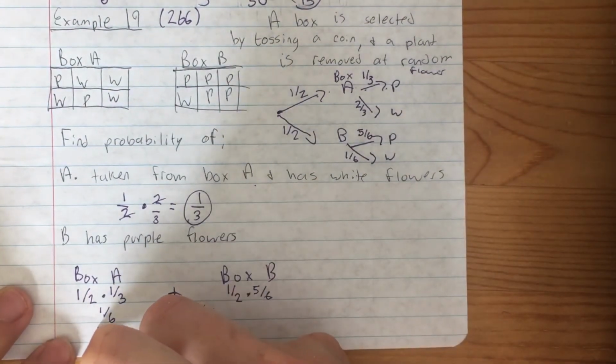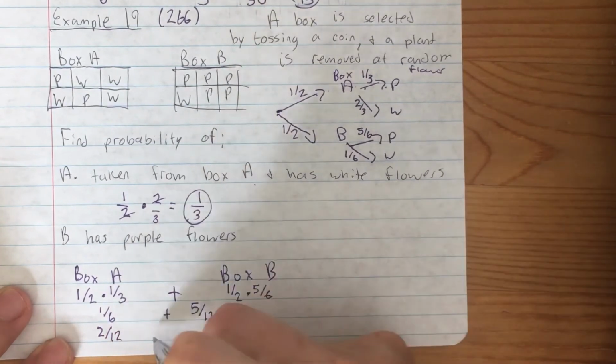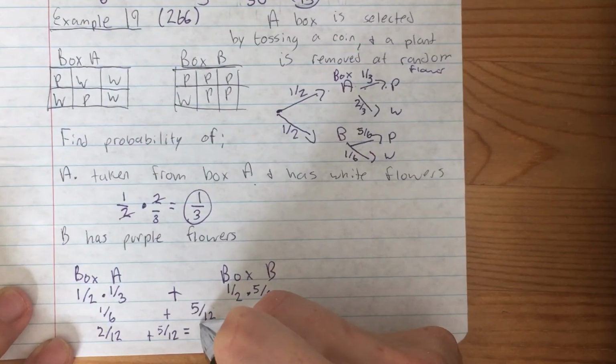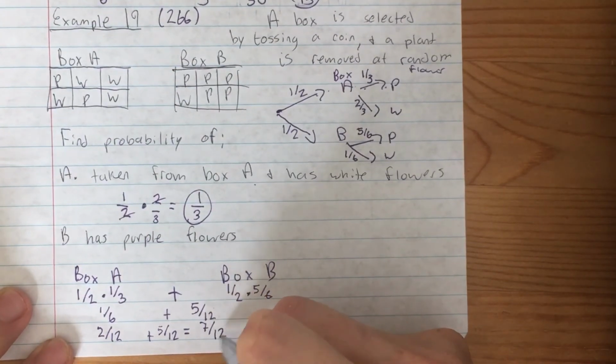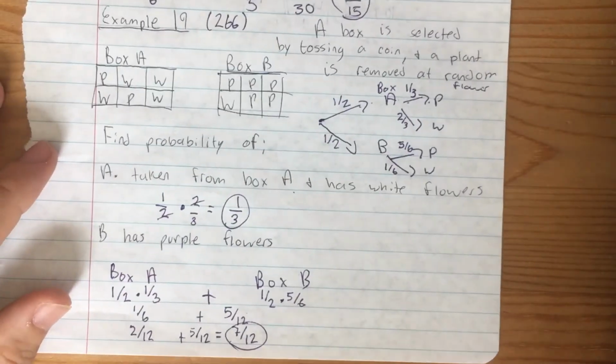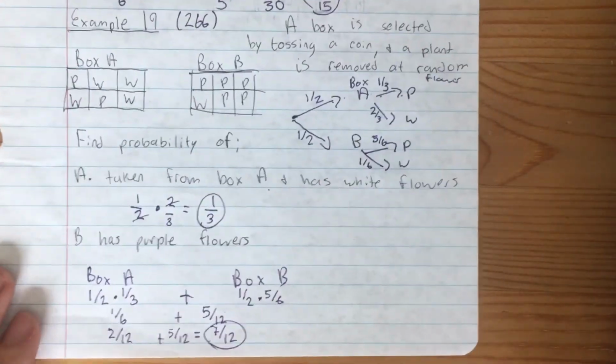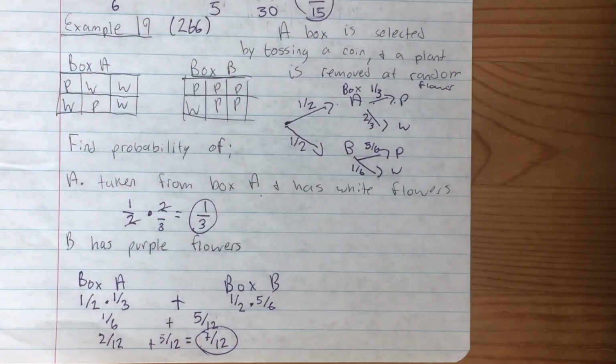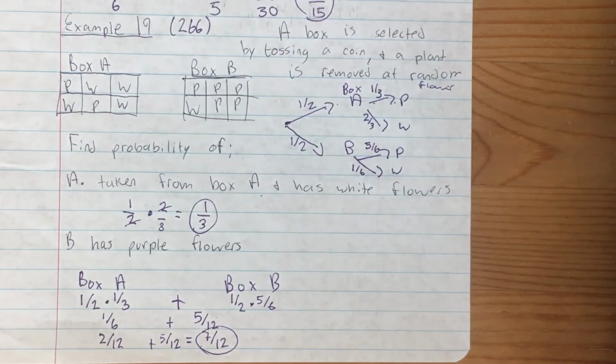That's 2. So this is the same thing as 2/12 plus 5/12, which equals 7/12. So that, in a nutshell, is dependent probability. If you all have any questions at all, feel free to ask me on Zoom or on Google Call, whatever works for you. Thanks.